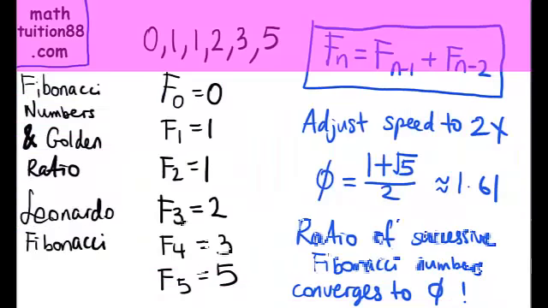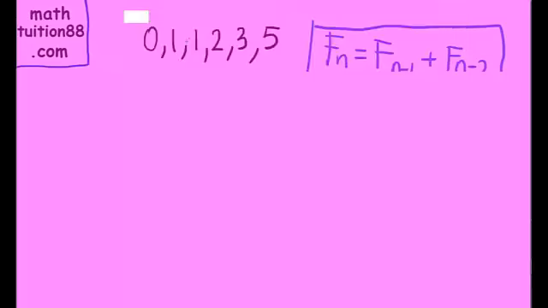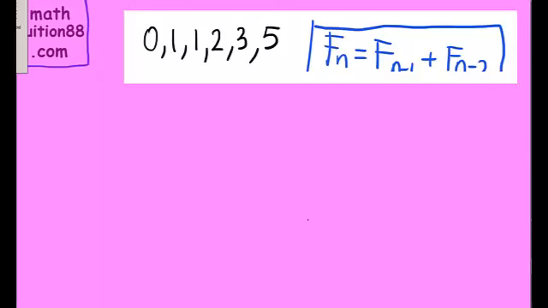Okay, let me clear this. Now we'll continue with our discussion about the golden ratio. Recall that we have this recurrence relation f n equals f n minus 1 plus f n minus 2.